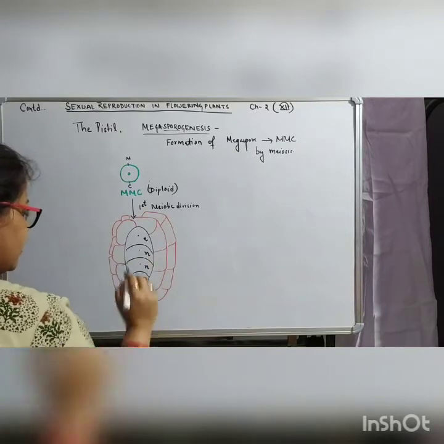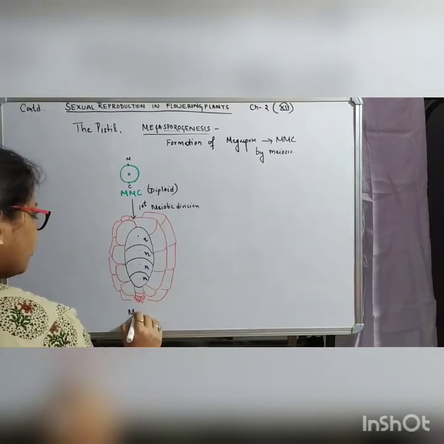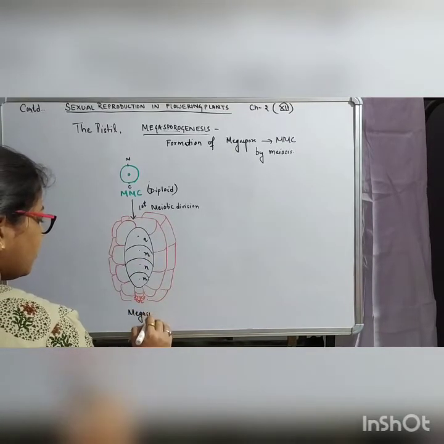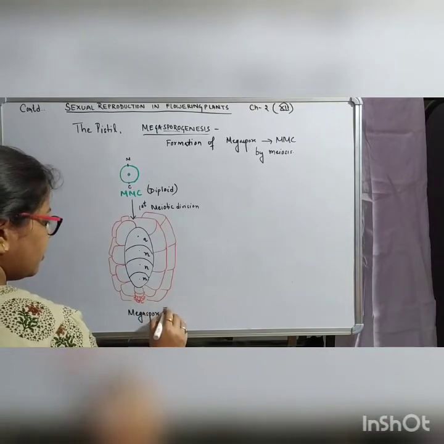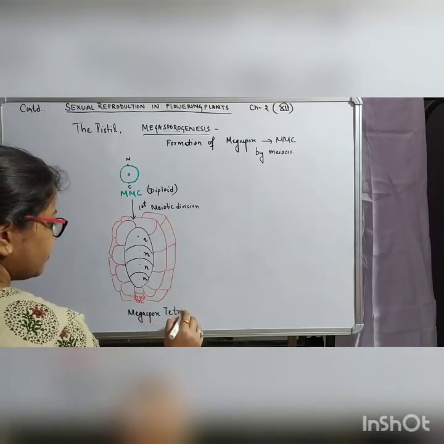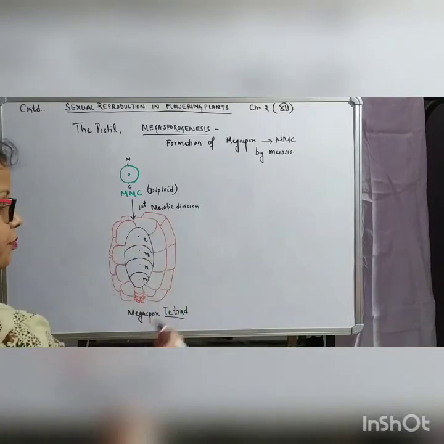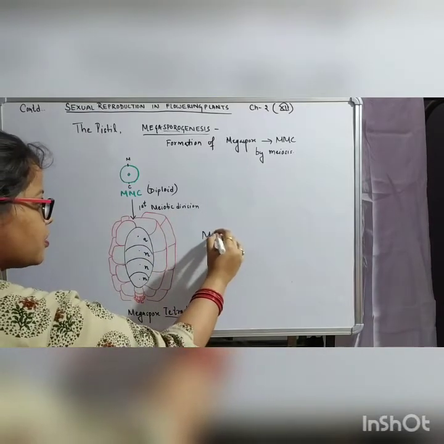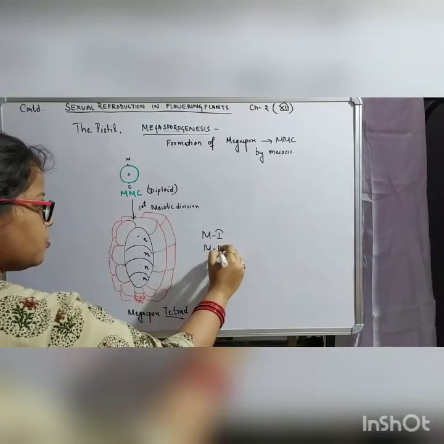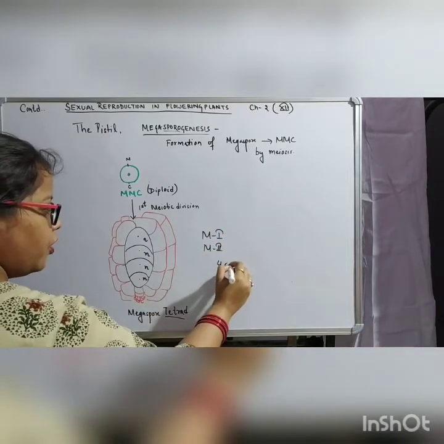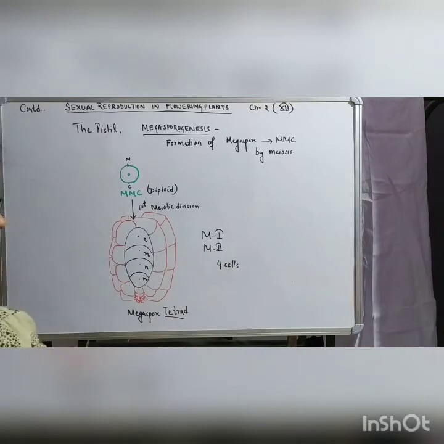This is the megaspore tetrad. How a tetrad? Because of meiotic division. Meiotic division consists of meiosis 1 and meiosis 2, ending up with 4 cells.